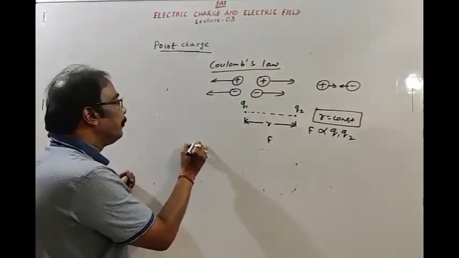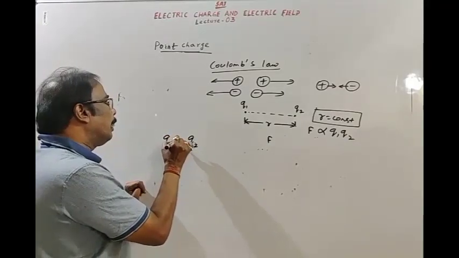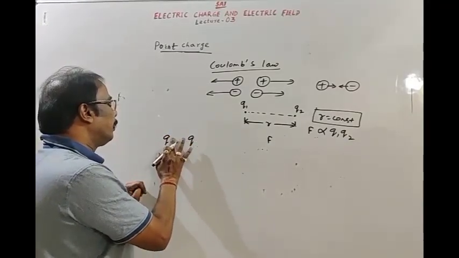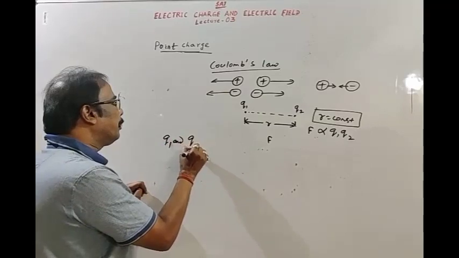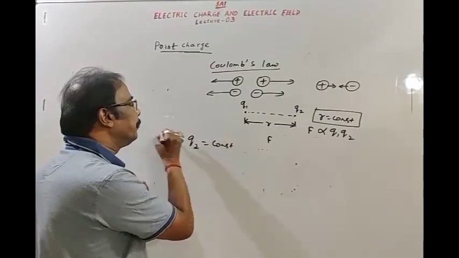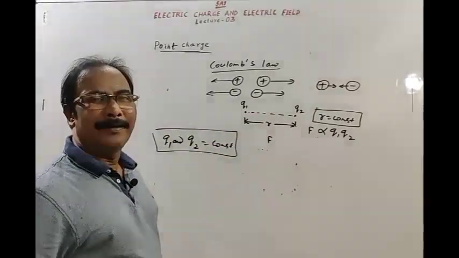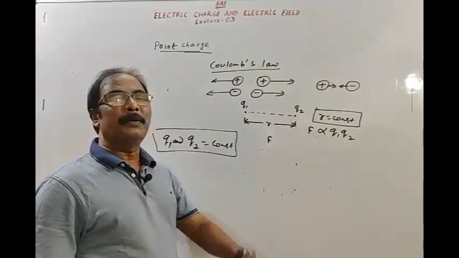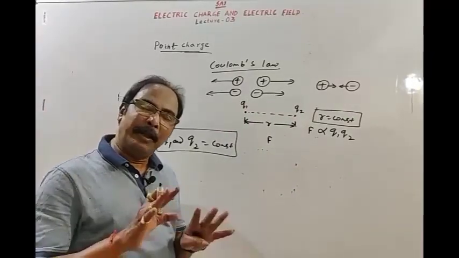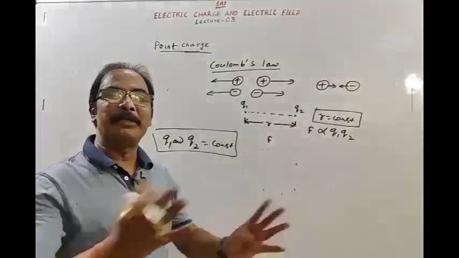Now, the magnitudes of Q1 and Q2 are kept constant. Then it is observed that if the distance between the two charges is decreased, the force between them increases, and vice versa.